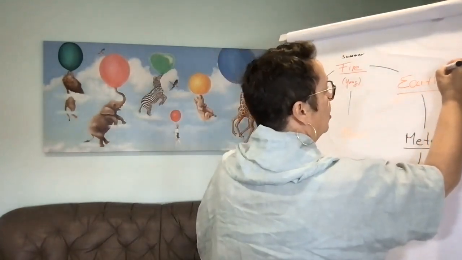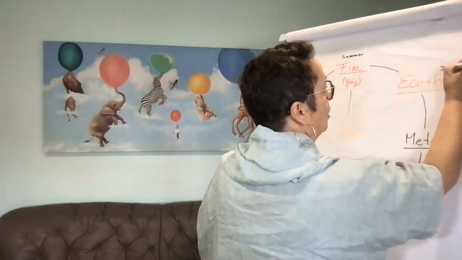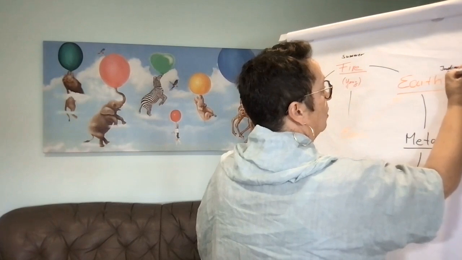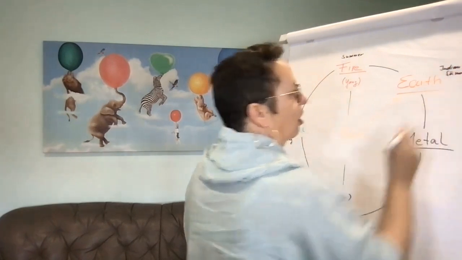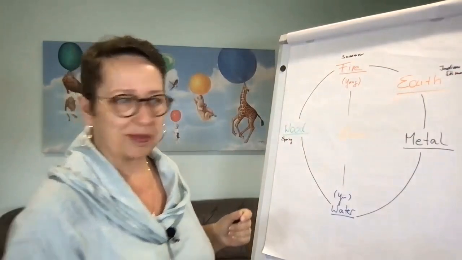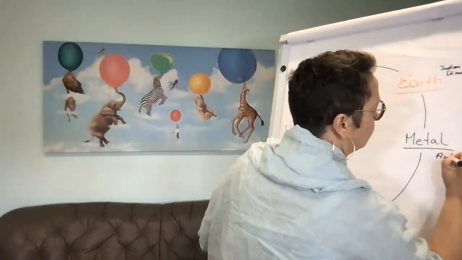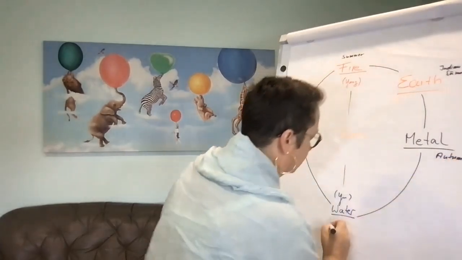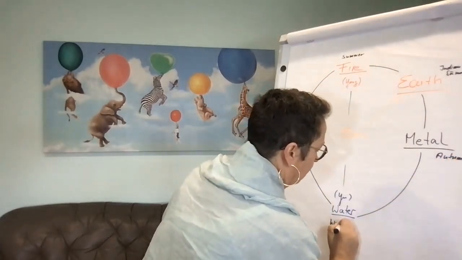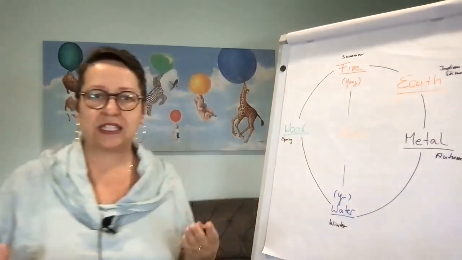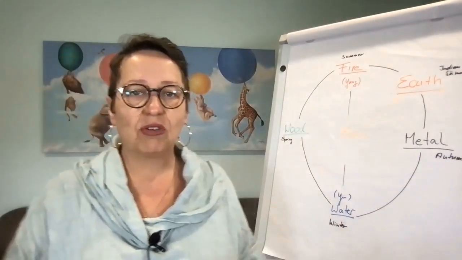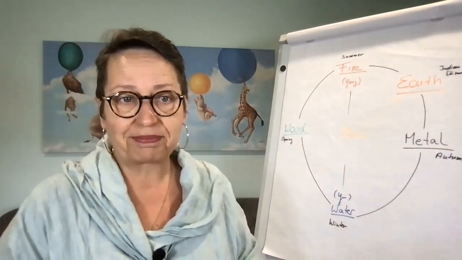This is late summer or Indian summer or white summer in some other cultures. This is autumn, and this represents winter. So you see that qualities in the seasons really also are the qualities of the elements.